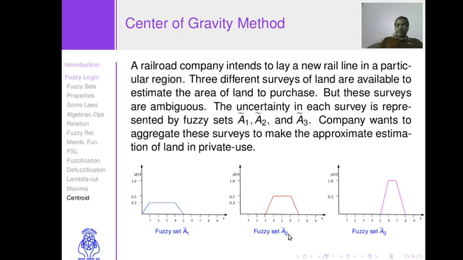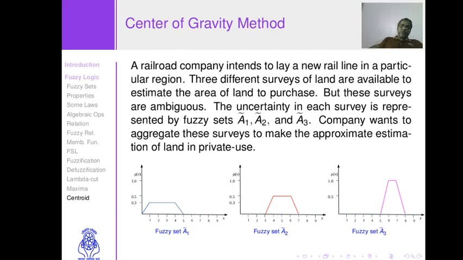Now we want to combine all these three surveys. Rather, I would say we combine all these three fuzzy membership functions, and then we perform defuzzification.